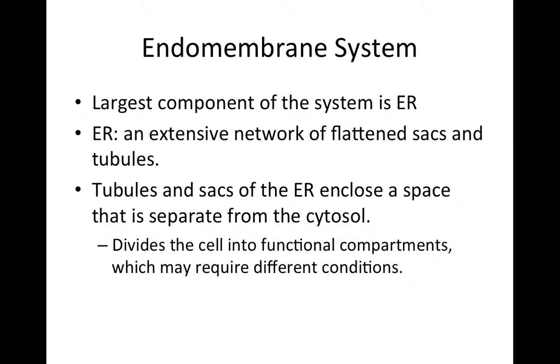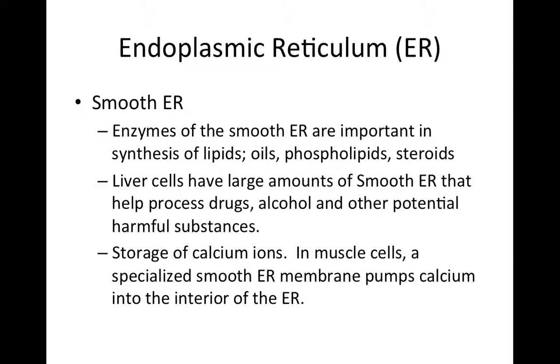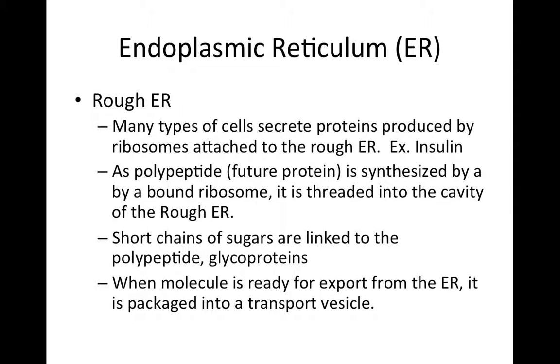So the cytosol is basically everything else that's not an organelle. It's the environment within the cell that is not part of or within an organelle. And within the ER, you have two types: smooth endoplasmic reticulum and rough endoplasmic reticulum.